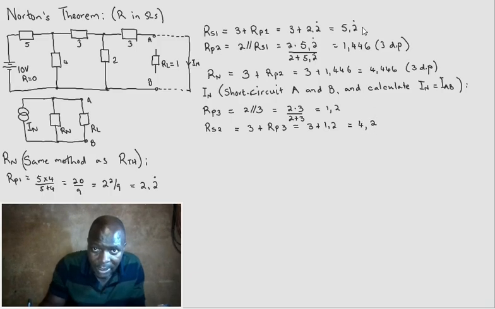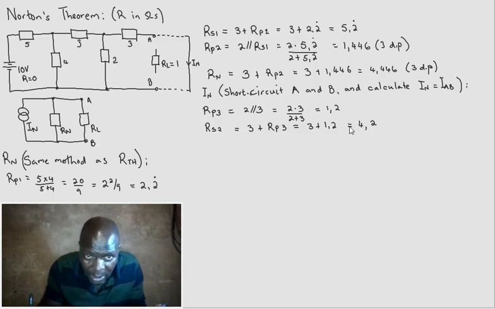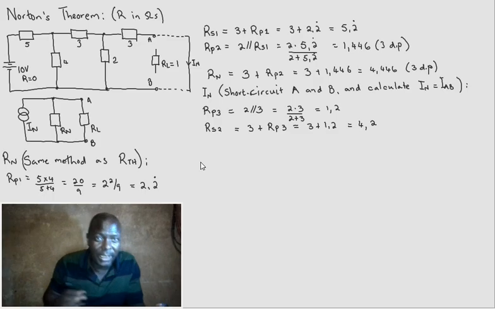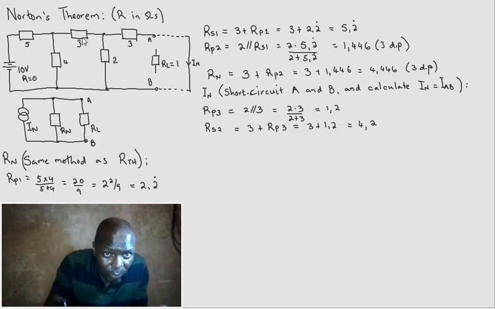This is not the same as this. This was repeating. This is not repeating. The direct answer. So this here is going to be ohms. We already stated that. Then now we've got 3 and 1.2, so we've got our 4.2.